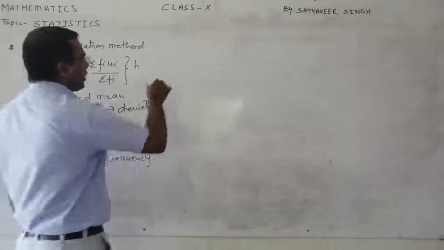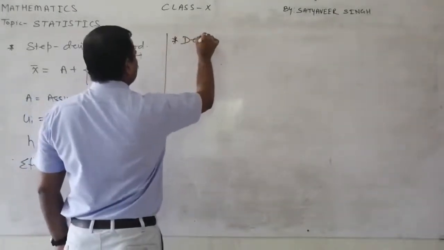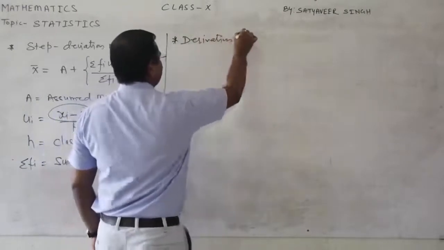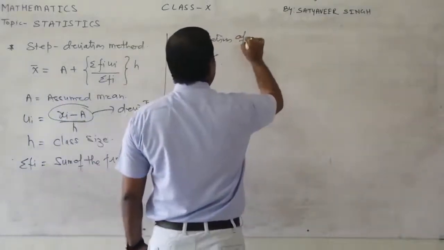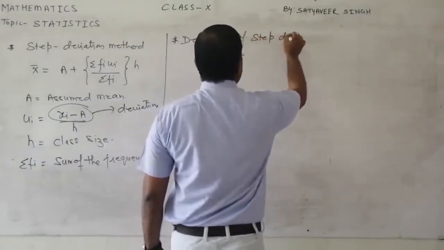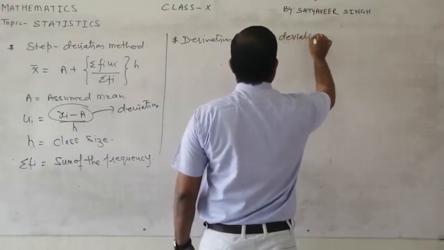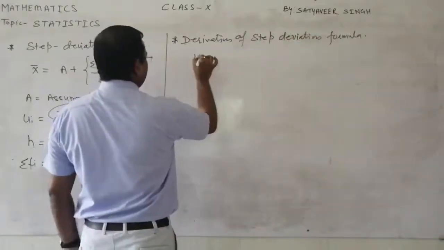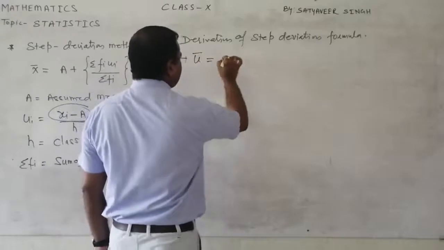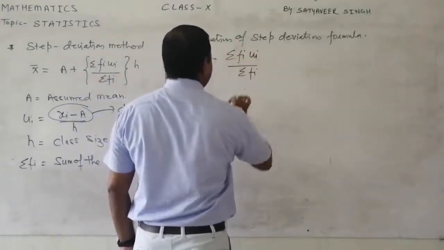Let us see how we got this formula. Derivation of the step deviation formula. If you find the mean of this, it is summation fi ui upon summation fi.